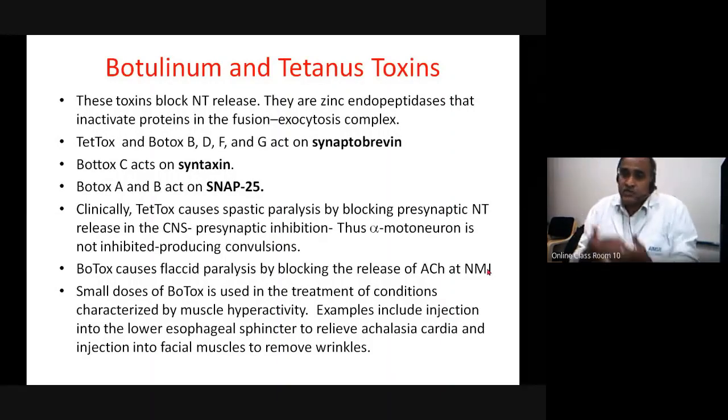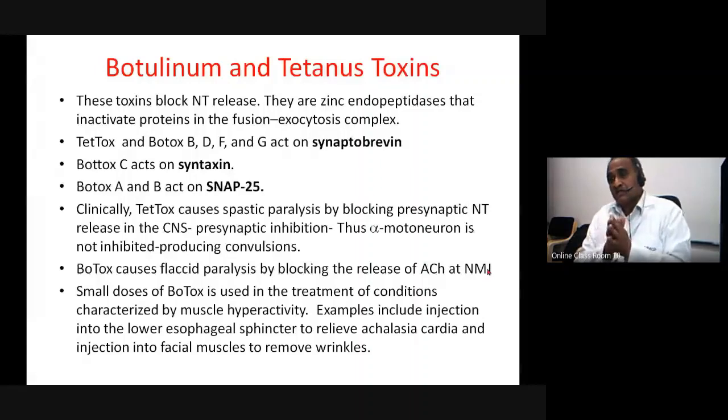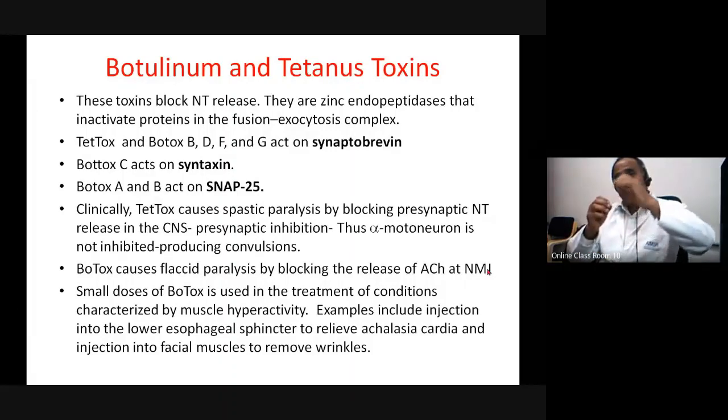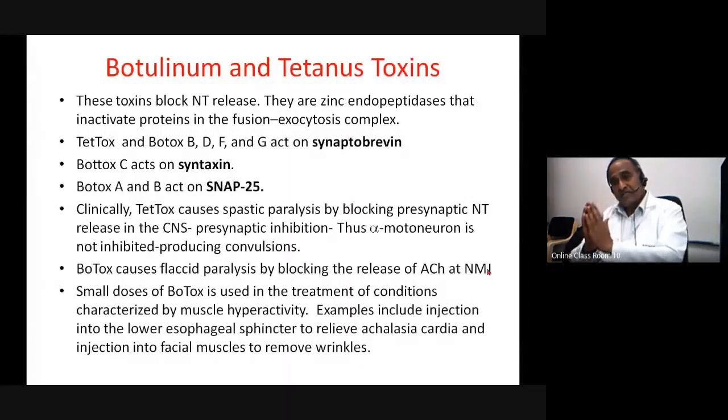That means put into a better use, a medical use. How? Can you think about it? You have a disease known as achalasia cardia, a condition where the esophagus joins with the stomach. This esophagogastric junction is guarded by a physiological sphincter, which has acetylcholine receptors.